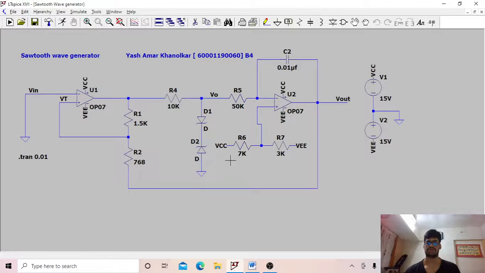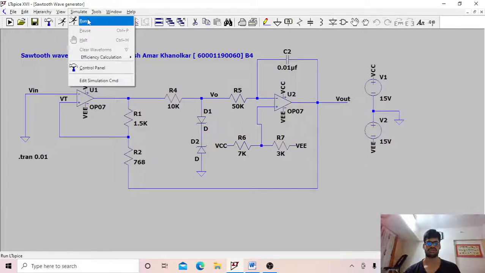So we can change the value of the resistance to change the voltage at the non-inverting terminal, which changes the rise time and fall time of the output wave. We are connecting this to the power supply VCC and VEE, and we will see the simulation right now.